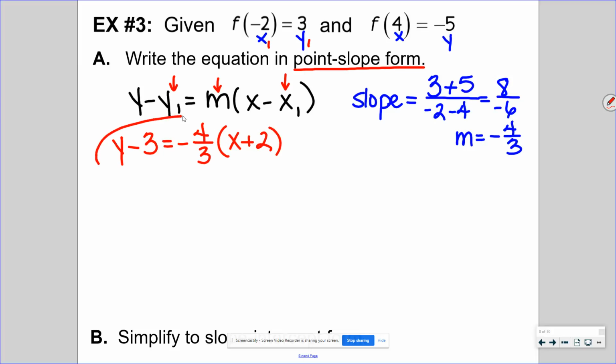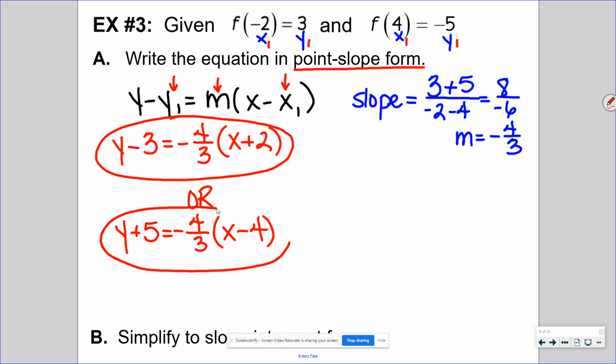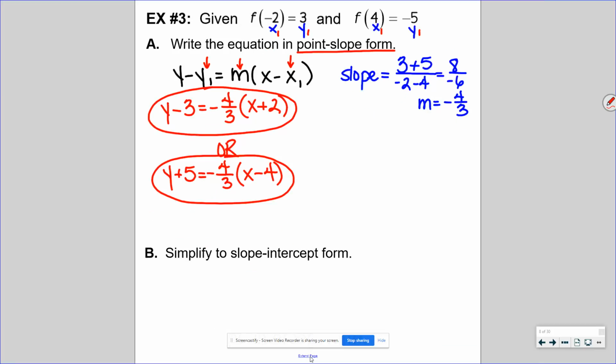So there is one equation in point slope form. Now, you have two different points. So you could actually write a second equation using the other ordered pair, and it would also be a totally acceptable answer because both are using a point that exists on the line. So either one of these would be fine.